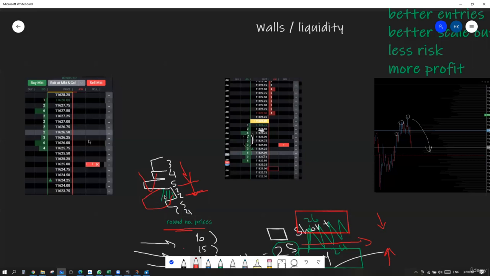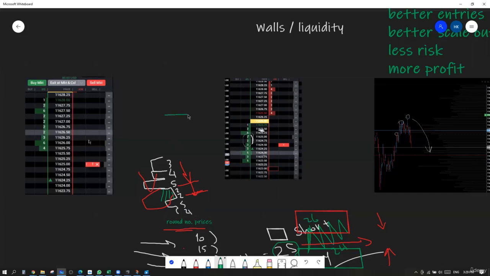Let's not talk about the example where I bought over here, because I've already taken the trade. Let's explain things on the side first.